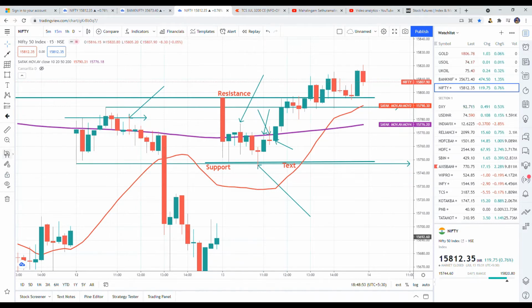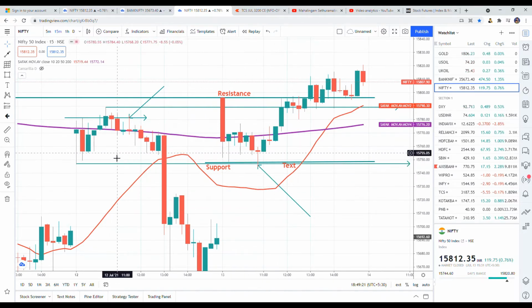If you are a professional trader, you just have to have this 20 moving average in your chart, and you have to watch whether the 20 moving average is always respected or not. See, this candle is not even coming to the 20 moving average, and through the day the entire trading is above the 20 moving average.